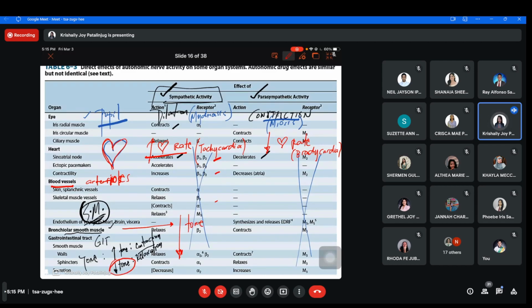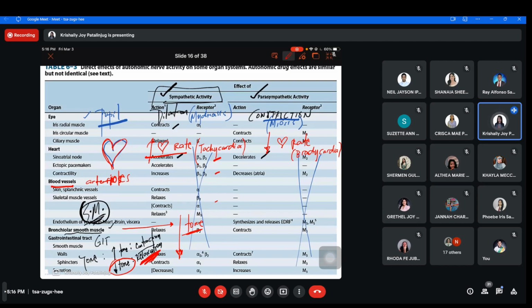Got it? I repeat. For sympathetic action, the response of the bronchial smooth muscle, GIT, and urinary bladder is decreased tone of the smooth muscle. Decrease in tone favors relaxation of that smooth muscle.